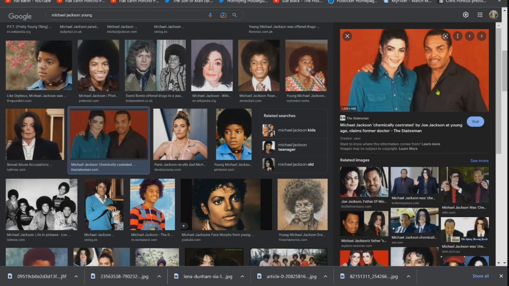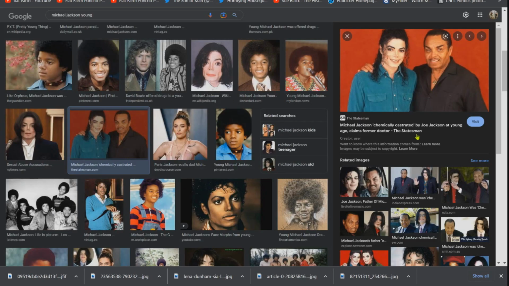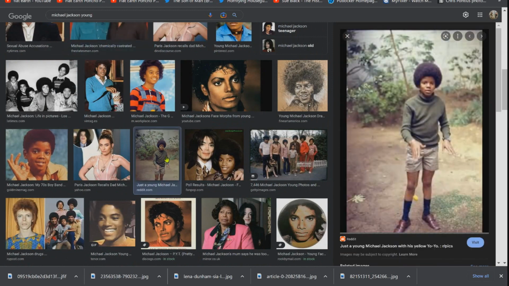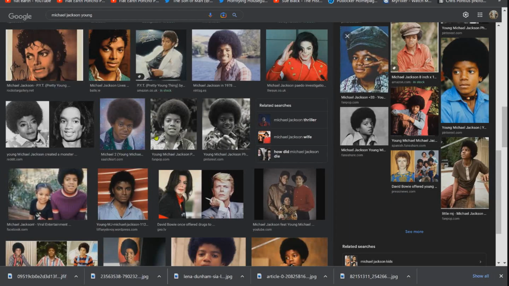Is that meant to be his dad? Yeah, Joe Jackson. I think it's entirely possible that Jackson didn't die and became Sandra Bullock, because he looks like Sandra Bullock way too much. Michael Jackson in the late days.